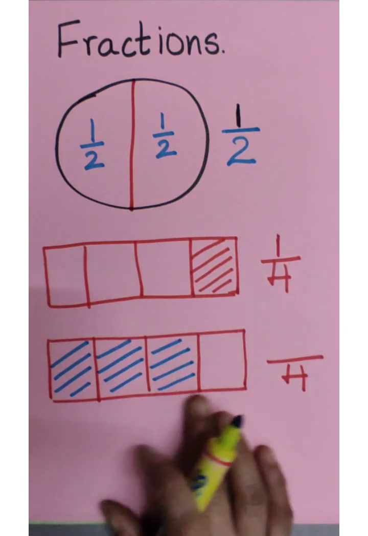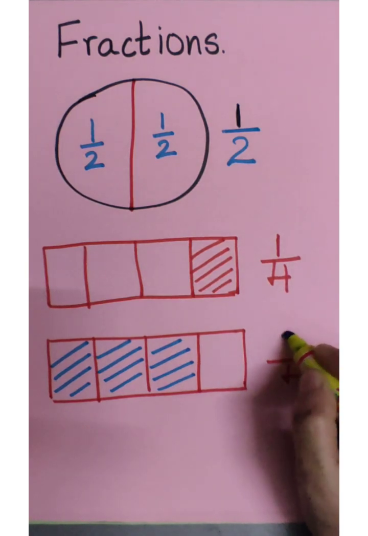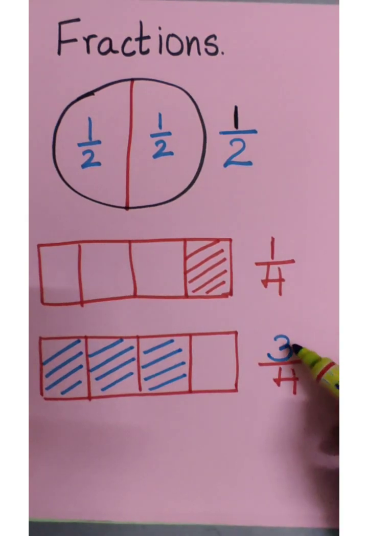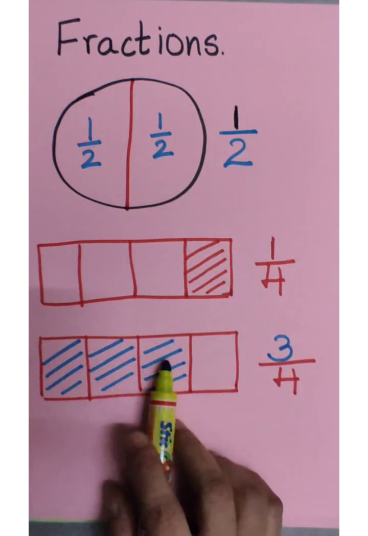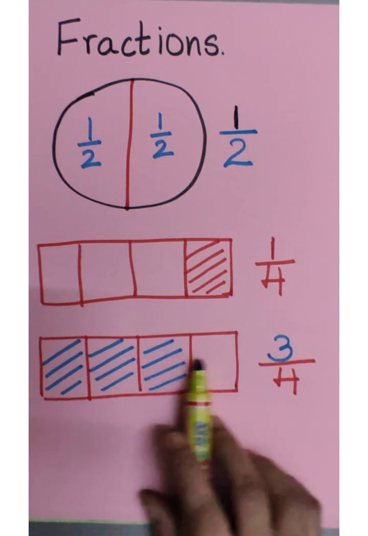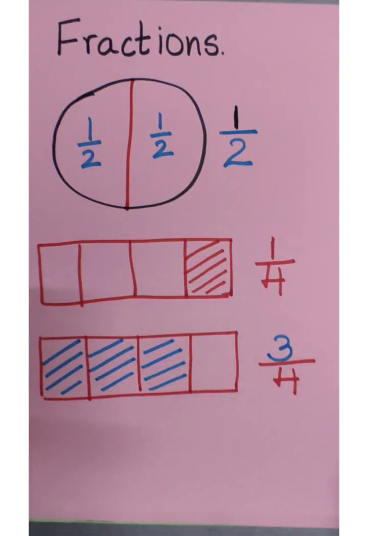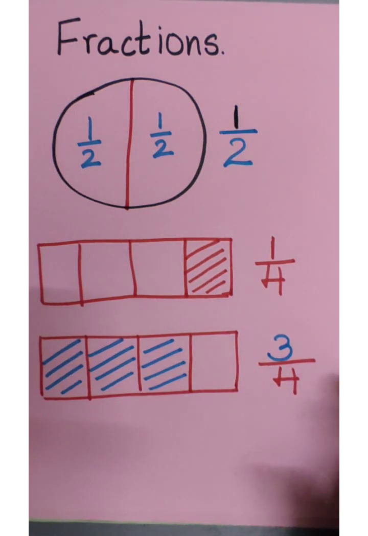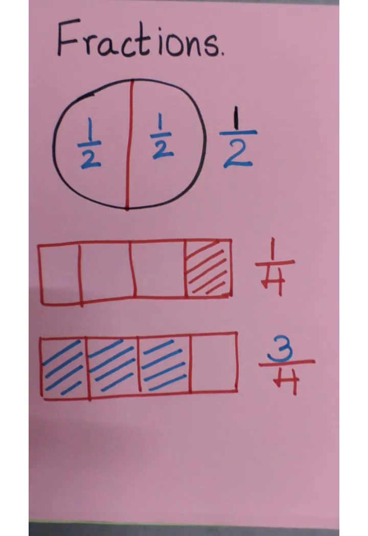So from 4 equal parts I gave 3 parts to my friends. So the fraction formed is 3 upon 4, or you can say 3 quarters, because each piece is 1 quarter. 1 quarter, 1 quarter, 1 quarter and 1 quarter. So each piece is 1 quarter. So this is the way how a fraction is formed.